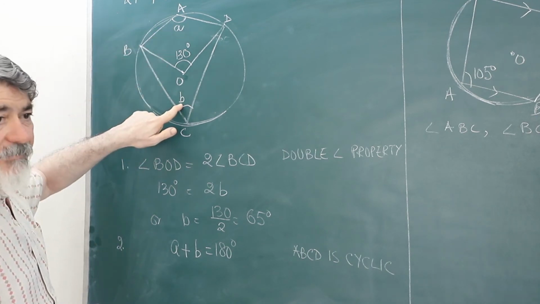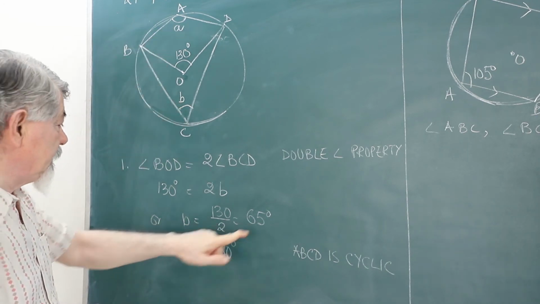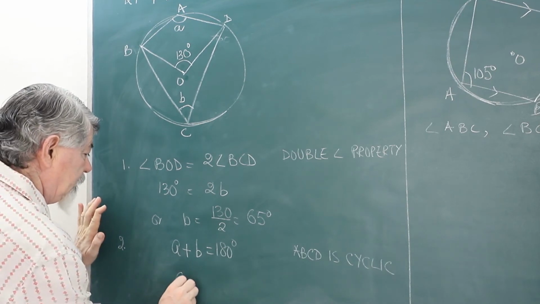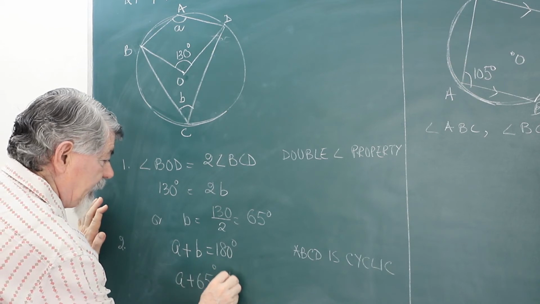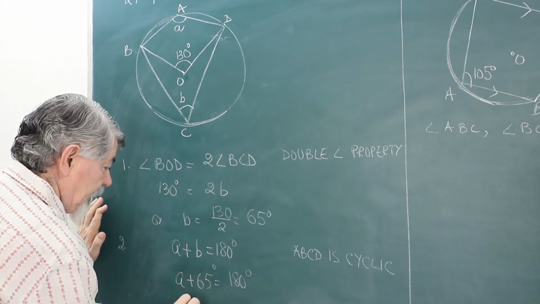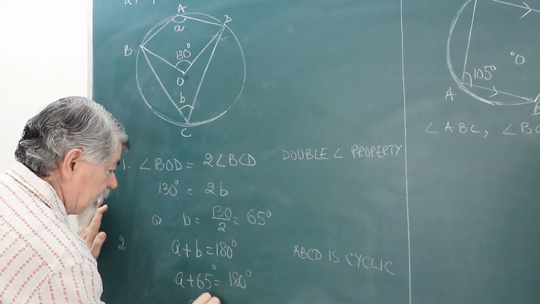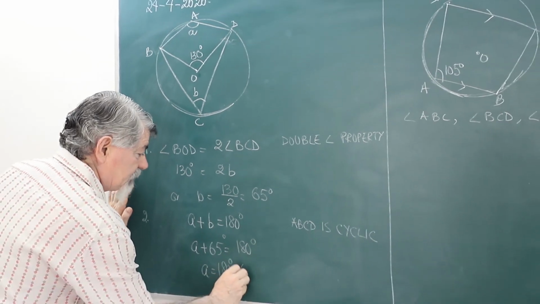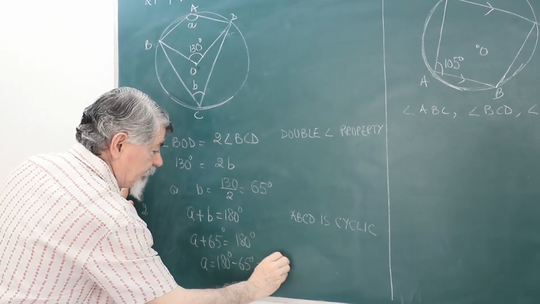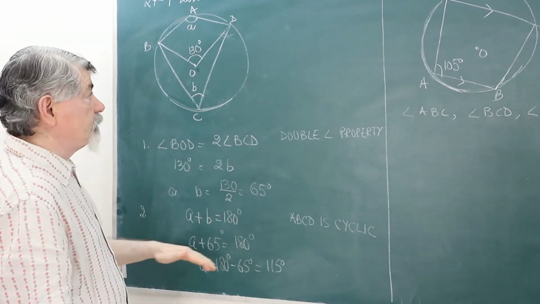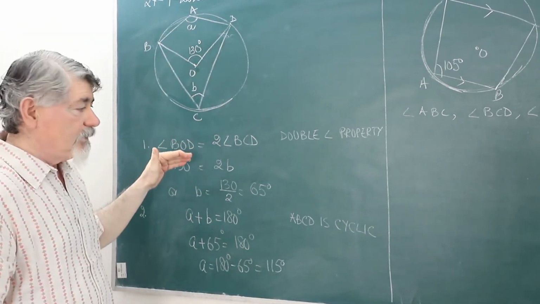I already have the value of B, which is 65. So A plus 65 will be 180 degrees. So A will be equal to 180 degrees minus 65 degrees, that will be 115 degrees.